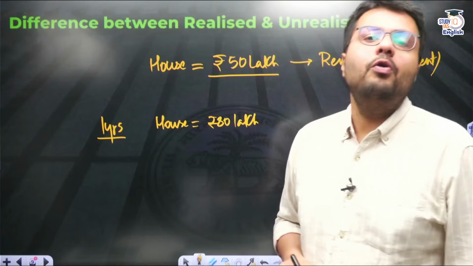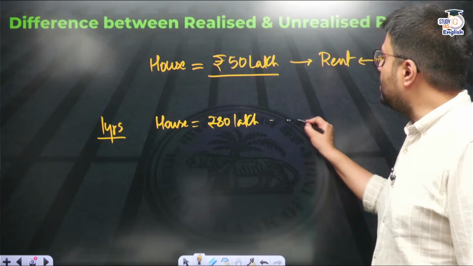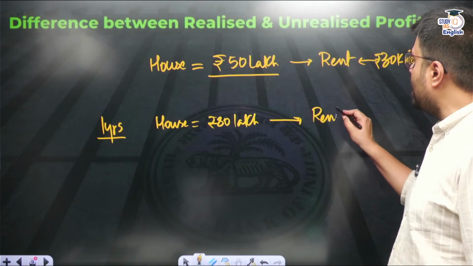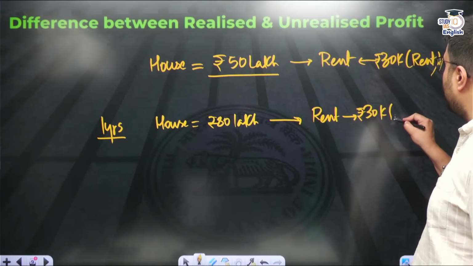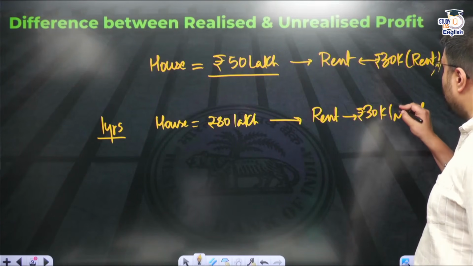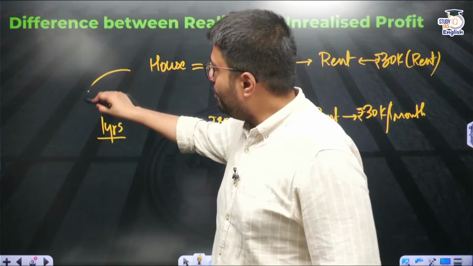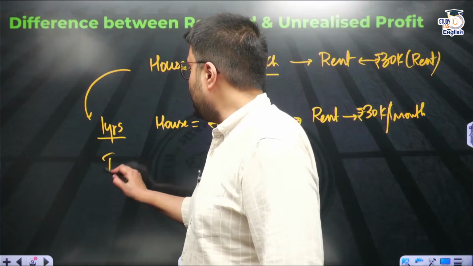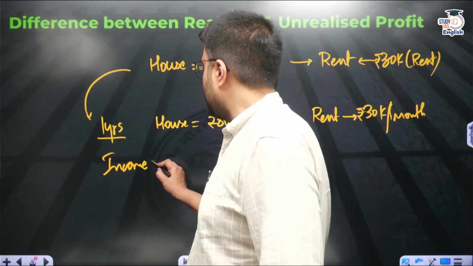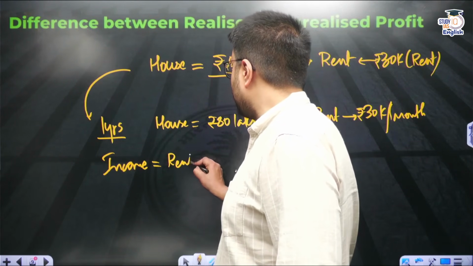But you decide not to sell this house. Rather, you decide to put this house on rent again for 30,000 rupees per month, right? So in the span of 1 year, you have made two types of income. The first income that you have generated is from your rental income.